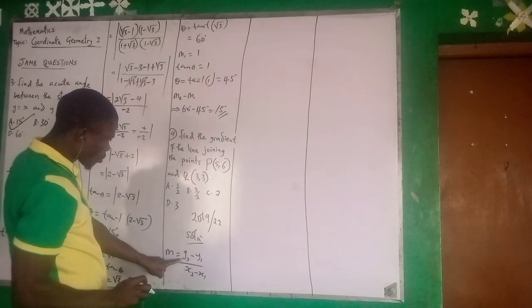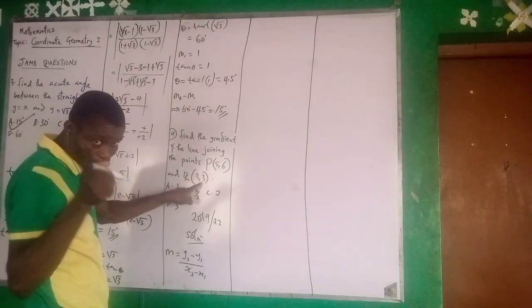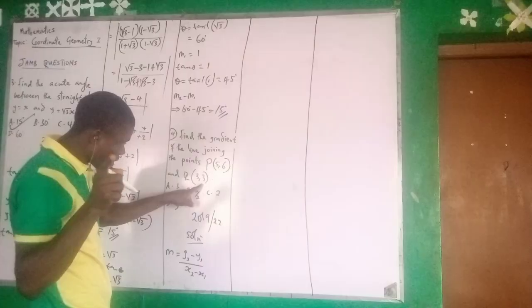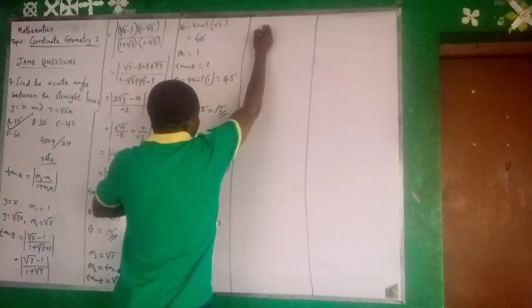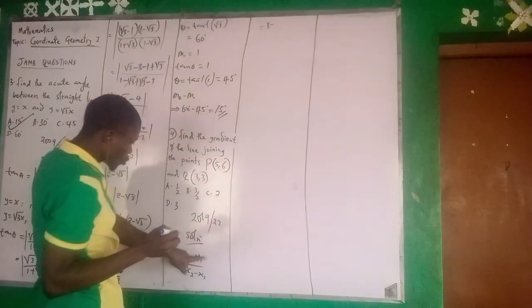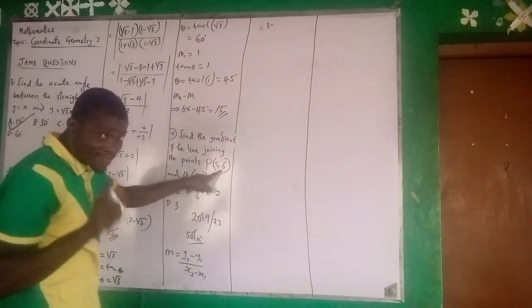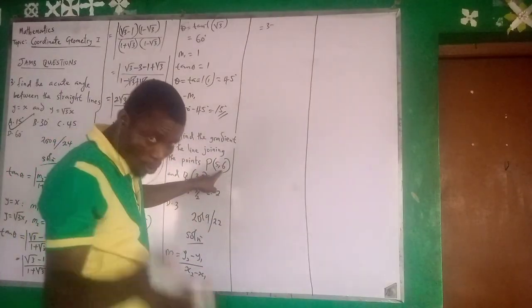Where y2 comes from the second bracket. Don't forget it, and that should be the last number. Alright, and that is 3. That is 3 minus y1, which comes from the first bracket. That is the last number.